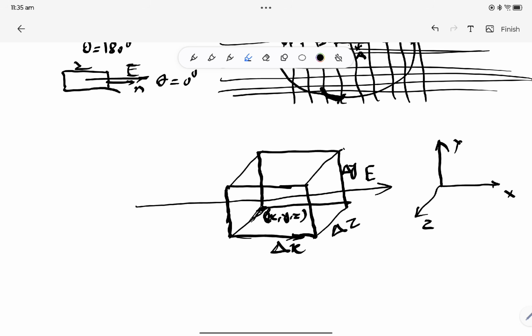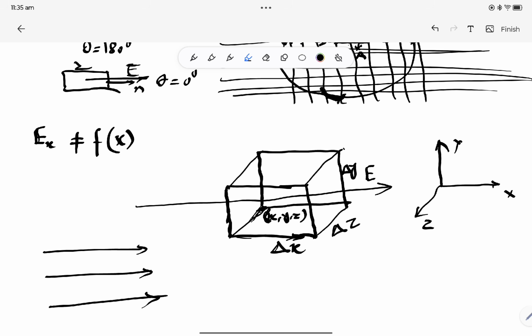Now, two interesting things emerge here. This is very important. If the field is uniform, that means if Ex, since we are considering only the x component of the field, is not a function of x, does not change with x, that means it is constant along the x-axis, a field of this type, then the net flux through this cube will be 0.